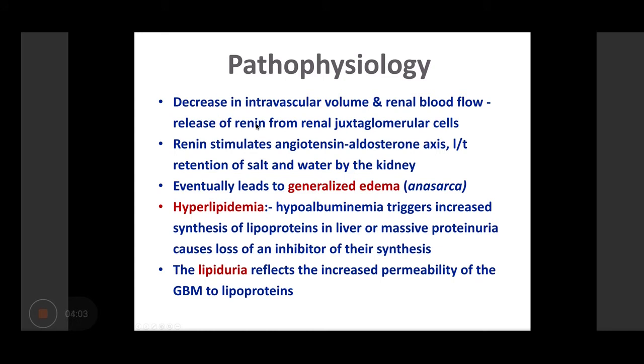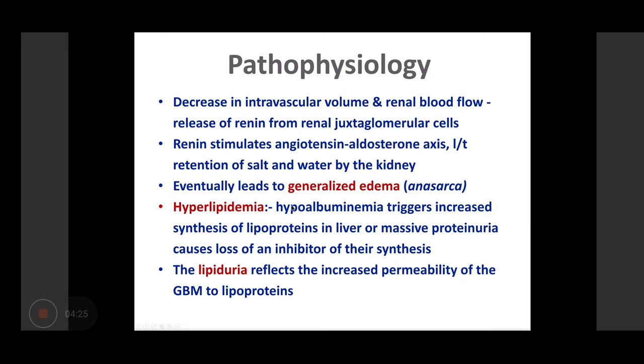This drop will lead to a decrease in the intravascular volume and the renal blood flow. It stimulates the juxtaglomerular apparatus to produce renin. This renin in turn acts upon the angiotensin-aldosterone axis, leading to retention of salt and water by the kidney, which eventually leads to the third symptom, that is edema.